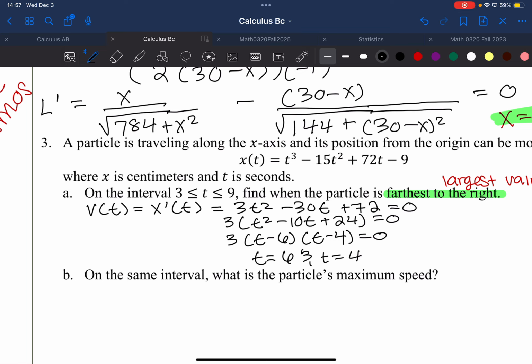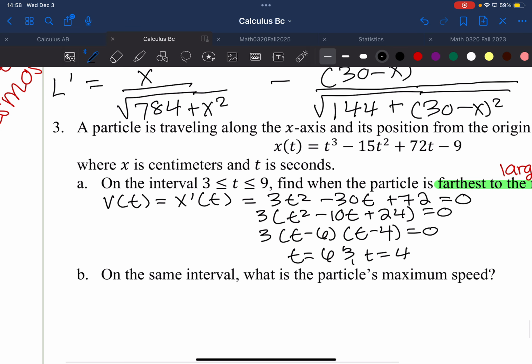So before we plug these in, we have to remember that we also need to include what? The endpoints. So not only are we going to be plugging in 6 and 4, we're also plugging in 3 and 9. And we're going to plug that back into the position function. So this is x of 3, x of 4, x of 6, and x of 9.